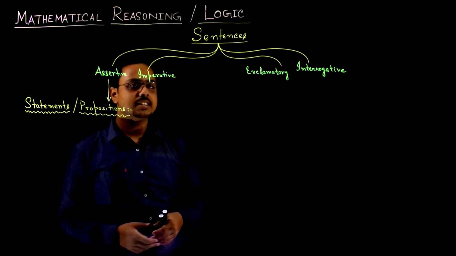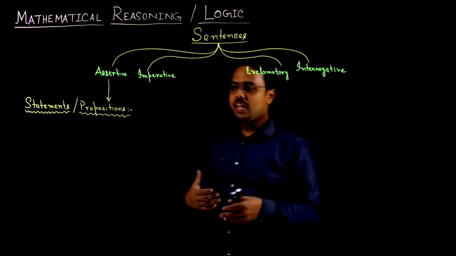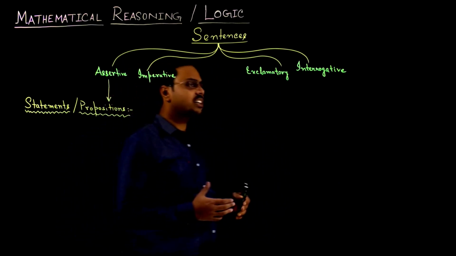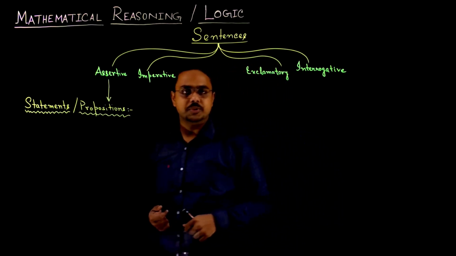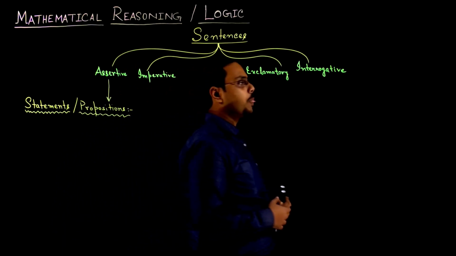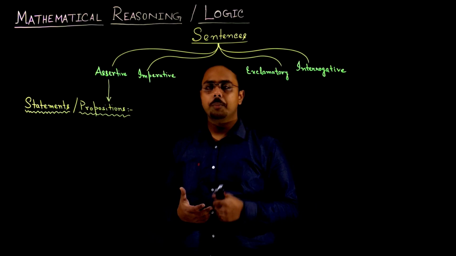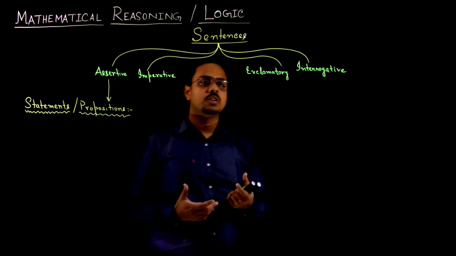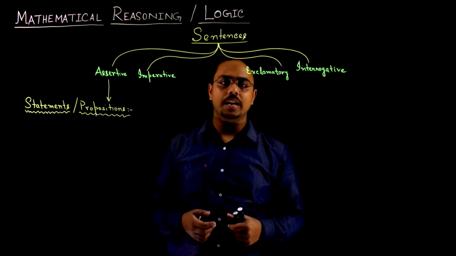The imperative sentence is all about making a request for something. Any sentence that represents some request is an imperative sentence. And an exclamatory sentence is a type of sentence which is used to represent feelings or to convey a message with some strong feeling.